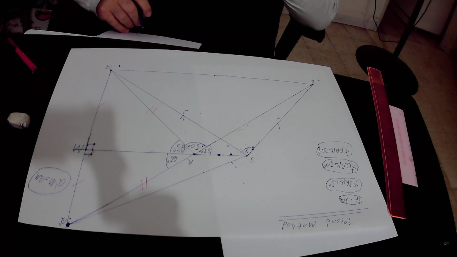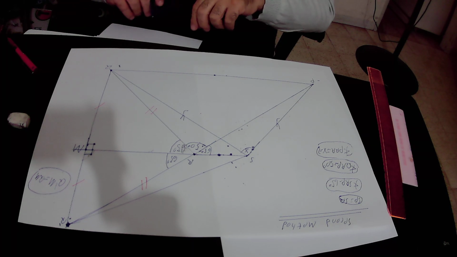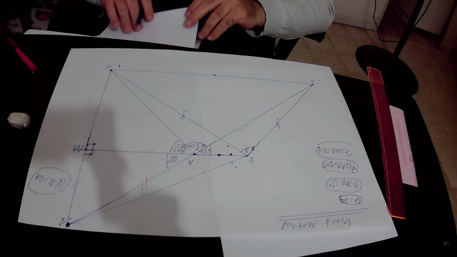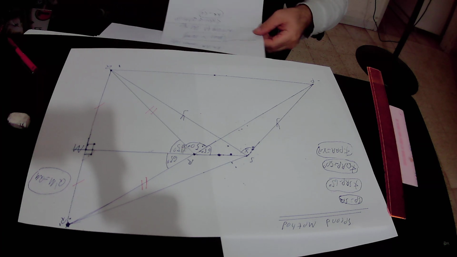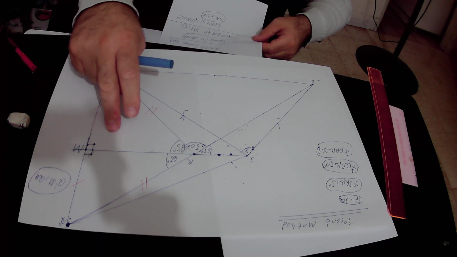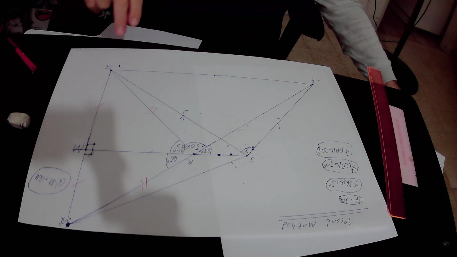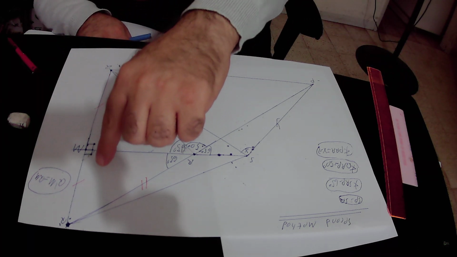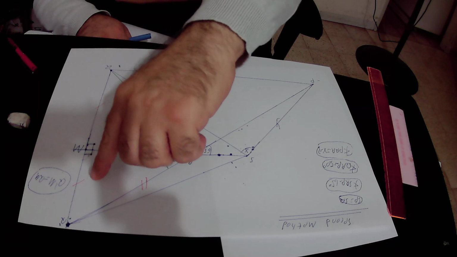So in the next step we will focus on the right big triangle QMS, and we will also focus on the right big triangle QDS.